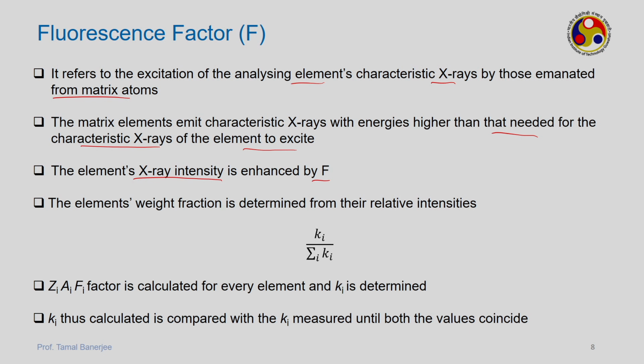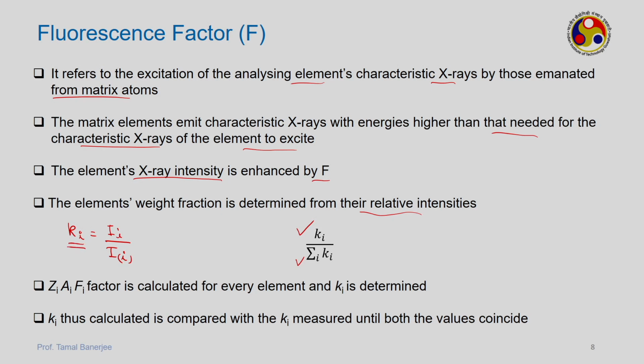Now, how will we quantify it? What we do is, if we know Z, A and F, we get the element's weight fraction from the relative intensity. So, you know the relative intensity Ki. If you look at the previous expression, you have a relation where Ki is equal to I, the component to be analyzed, divided by the component standard.